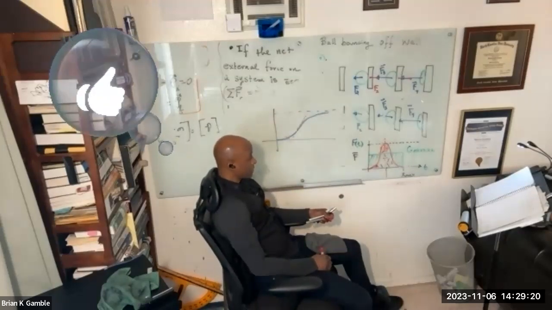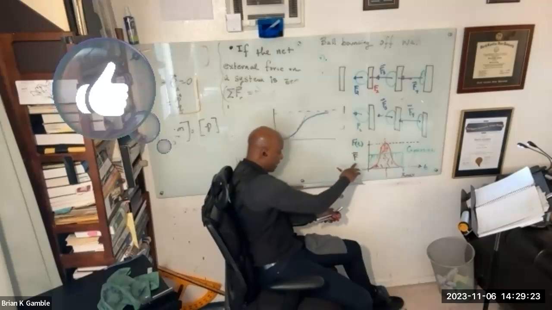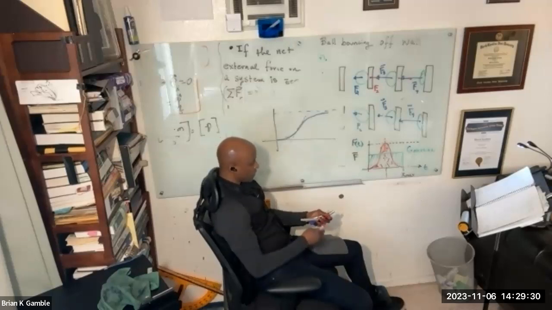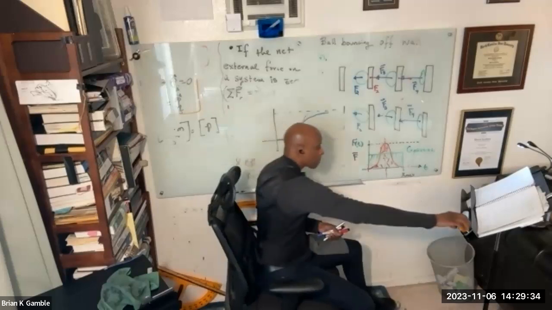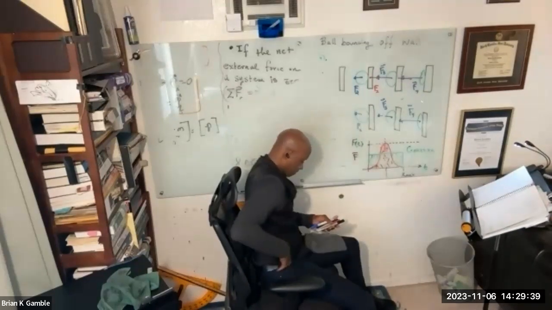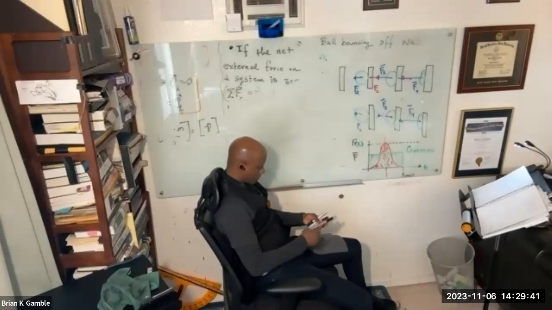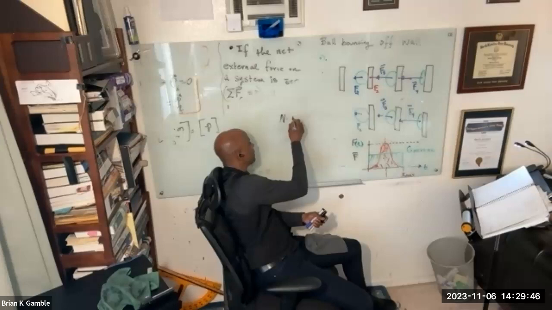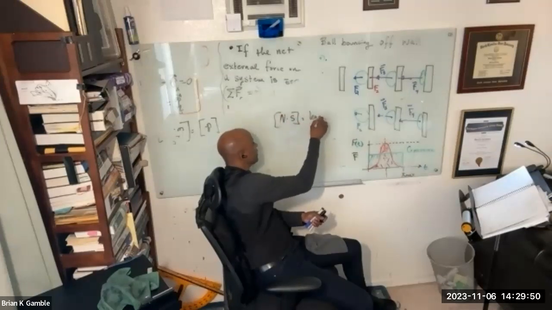And it turns out that the units of F times t is a Newton second. Let's actually break it down right here and do a unit analysis. A Newton times a second is a kilogram meter per second squared times a second.